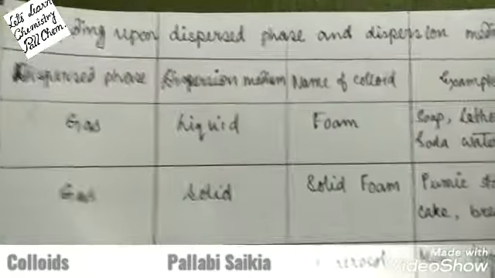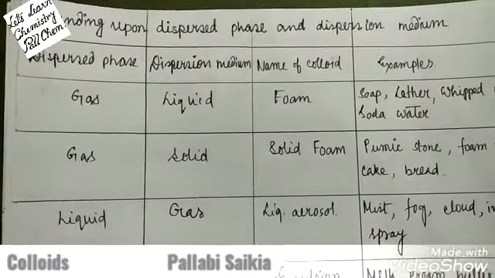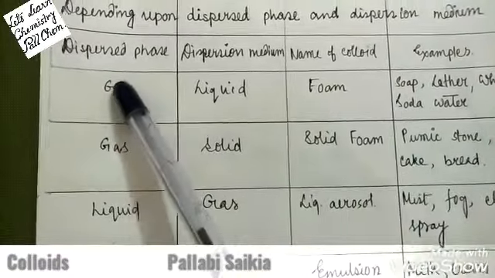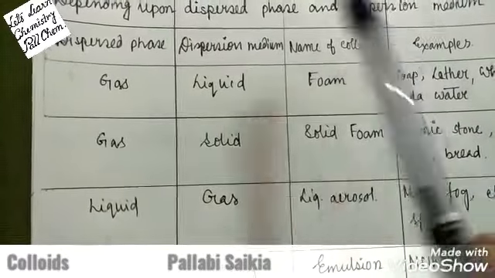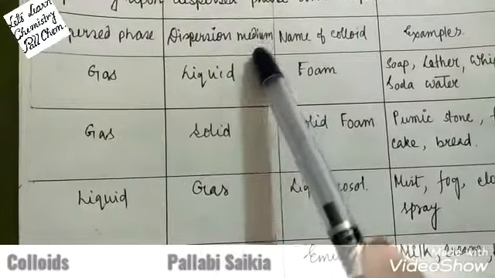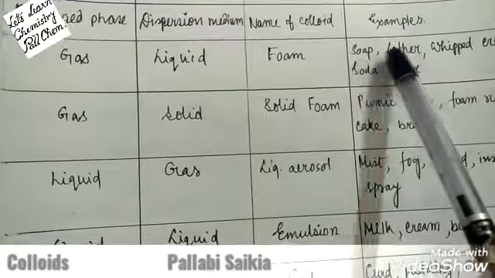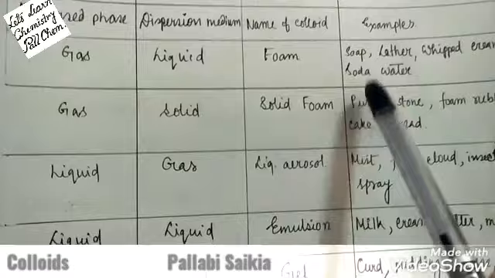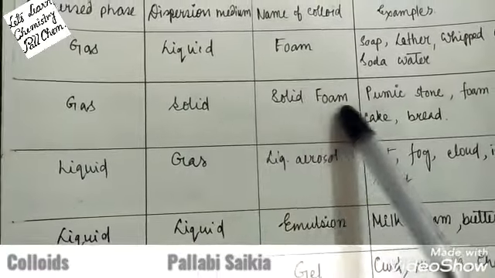Depending upon the dispersed phase and dispersion medium, colloids are classified, and there is one table, so you have to remember the name of the colloid depending upon the dispersed phase and dispersion medium, and the examples. If the dispersed phase is gas and dispersion medium is liquid, then the name of the colloid is foam. Examples: soft leather, whipped cream, soda water, etc. If the dispersed phase is gas, dispersion medium is solid, then it is solid foam.